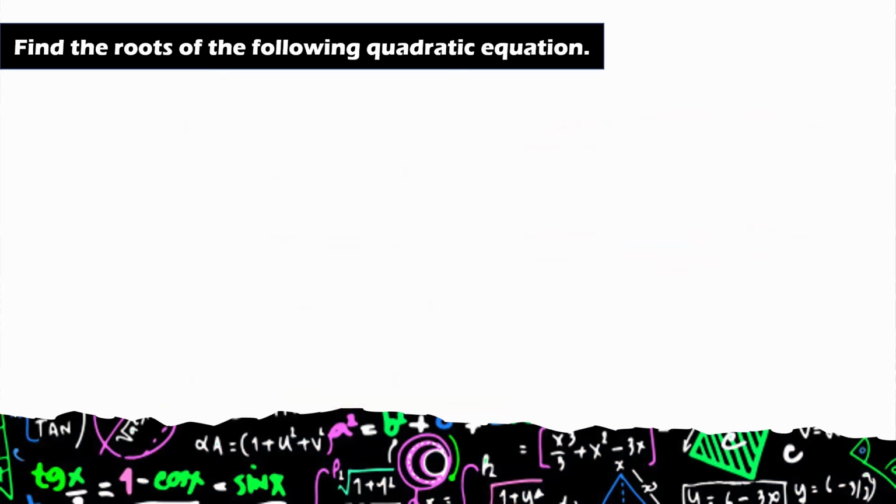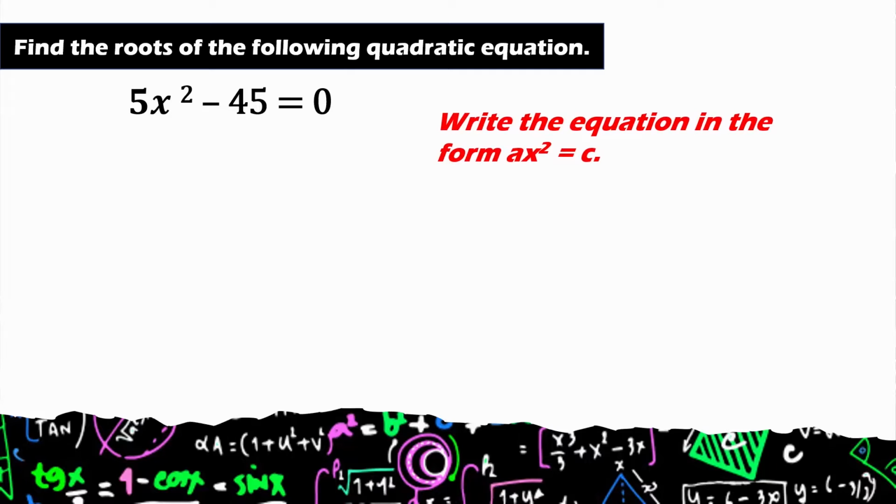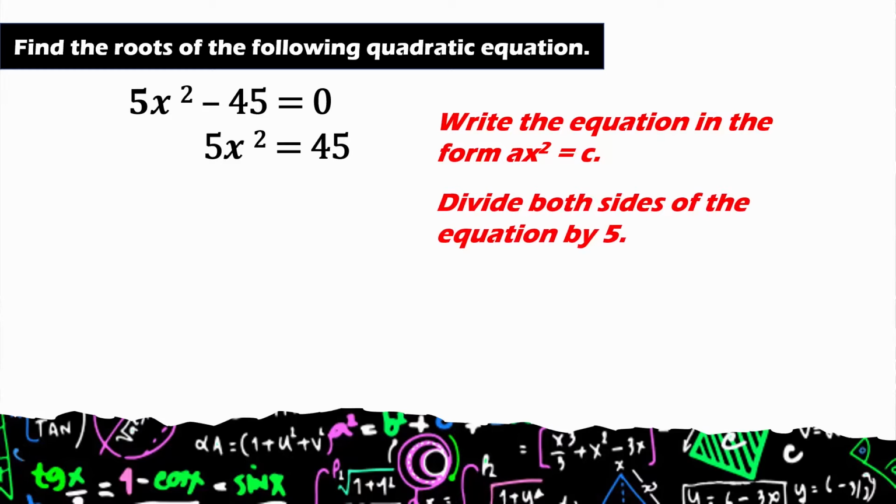For our next example, let us consider the equation 5x squared minus 45 equals 0. For our first step, we have to write the equation in the form ax squared equals c. So that is 5x squared equals 45. Dividing both sides by 5, we have x squared equals 9.